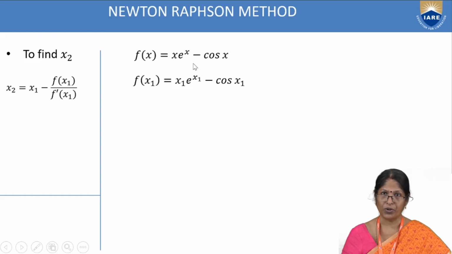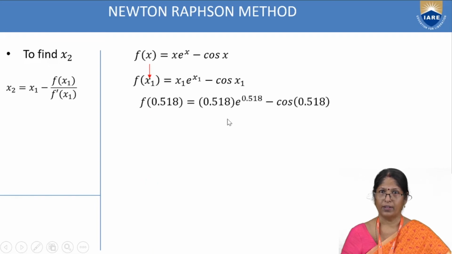So here the question is written, and wherever x is there, we are substituting x1. So f of x1 is x1 e power x1 minus cos x1. Next, x1 value is 0.518. So wherever x1 is there, we substitute the values.